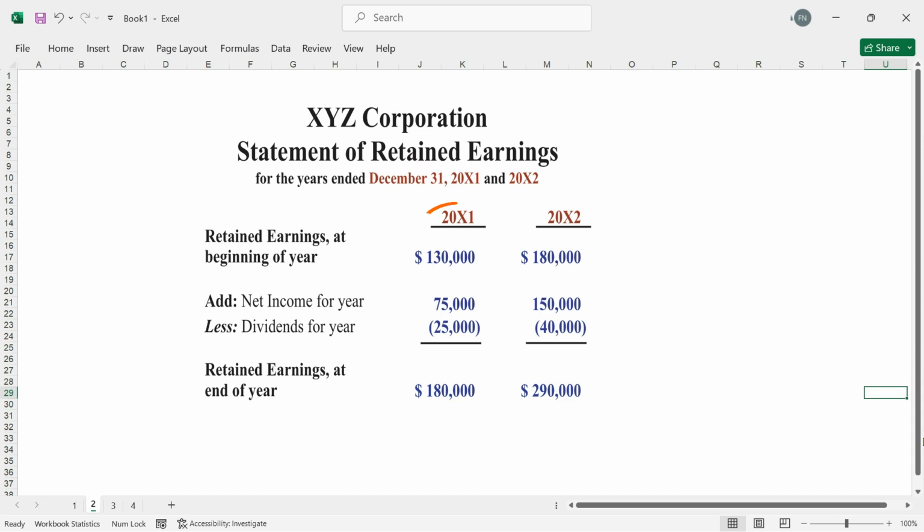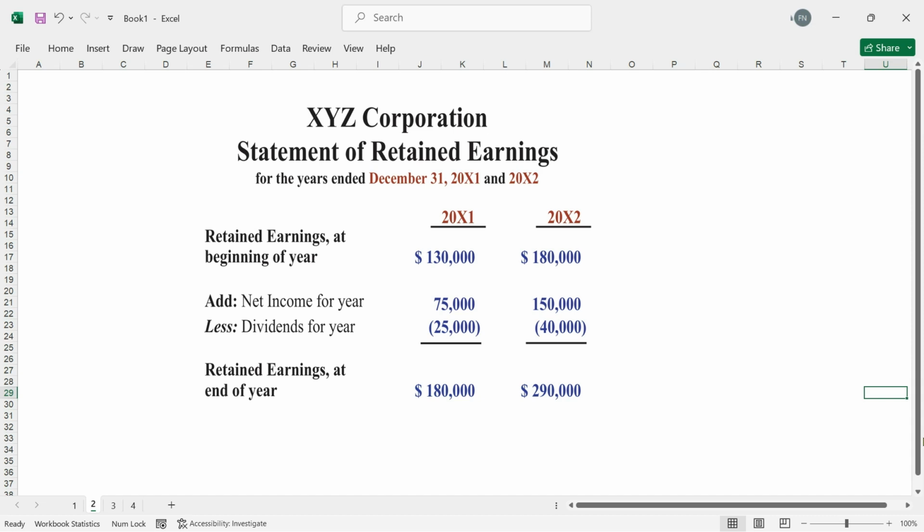And again, we could have looked at the year 20X1 and looked at what happened during that year relative to a beginning balance and then the ending balance of $180,000 at the end of that year. And we see that in the prior year, they were also profitable to the tune of $75,000, of which $25,000 worth of those earnings were paid out in a dividend to the owners.